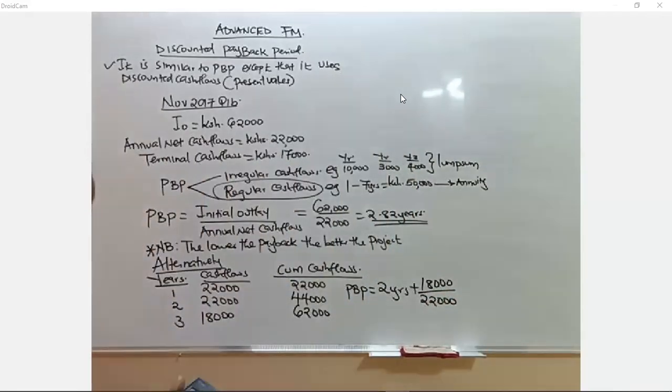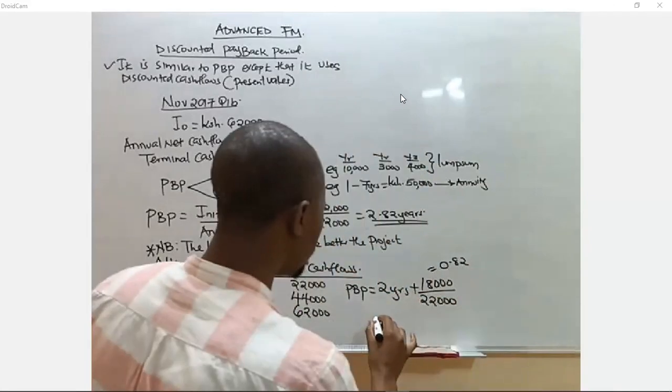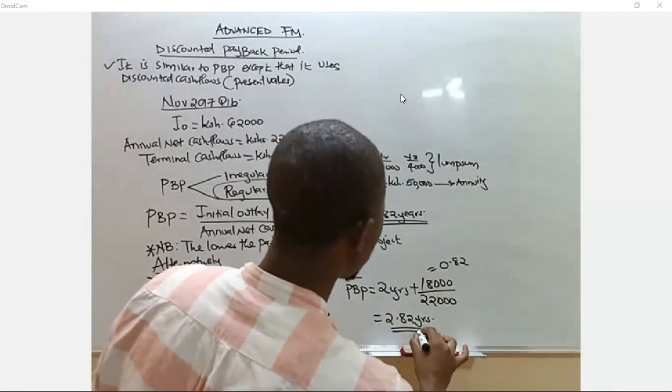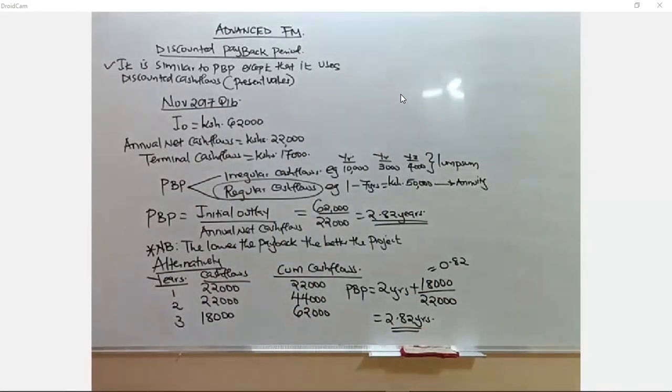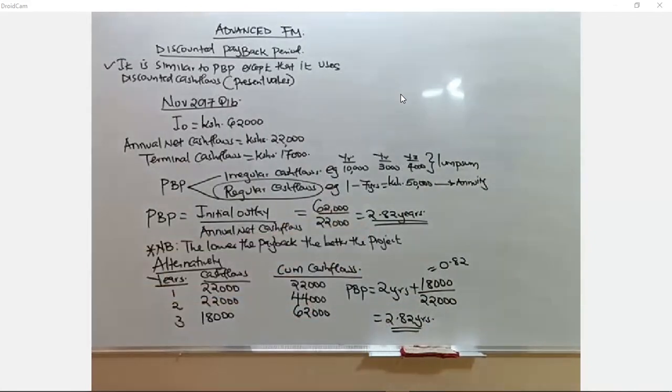So it will be 18,000 divided by 22,000, which is 0.82. So at the end of the day, you are getting 2.82 years. That is how we normally get it. Whether you use this or that, you are getting the same.